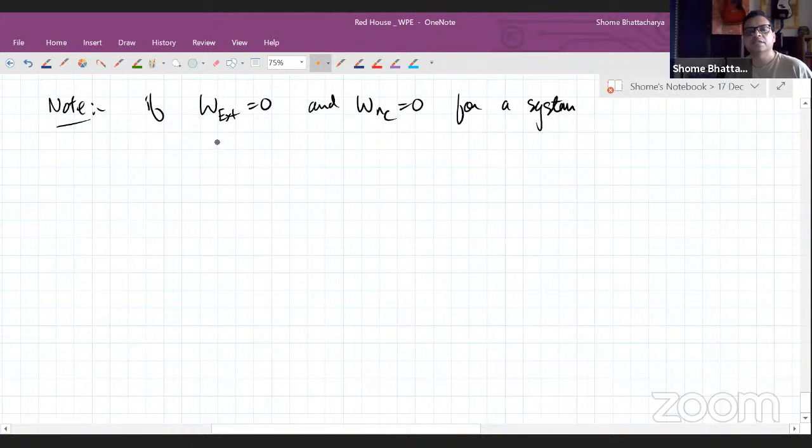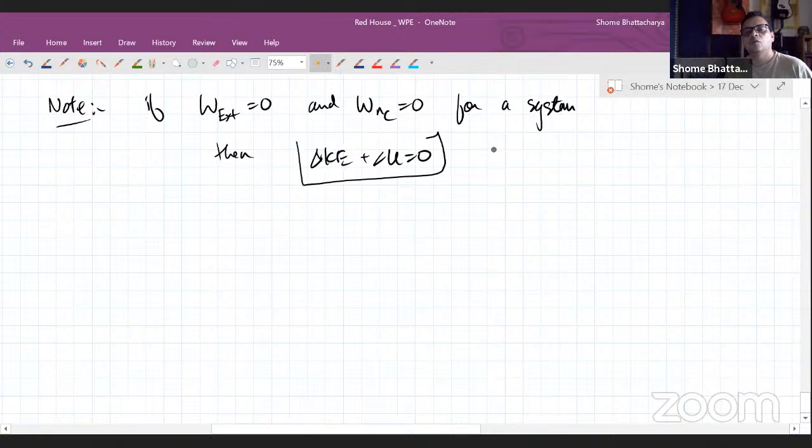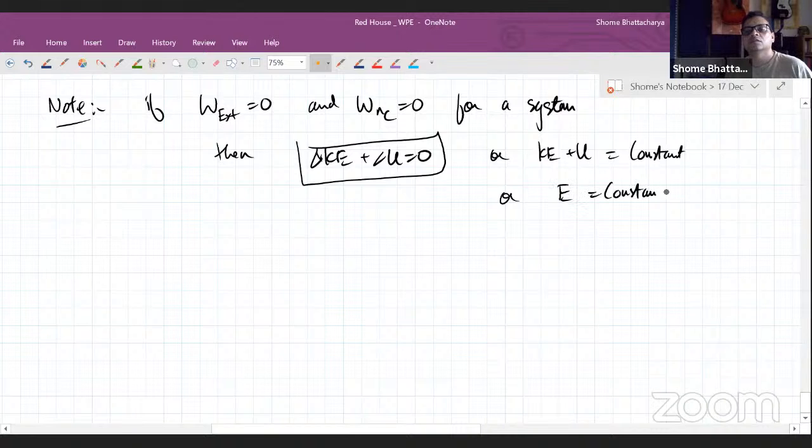But suppose that happens, then the change in kinetic energy plus the change in potential energy is 0. Or we can say that kinetic energy plus potential energy is constant because the change is 0, or the total mechanical energy is constant. So for a system like this, we say that the mechanical energy is conserved.